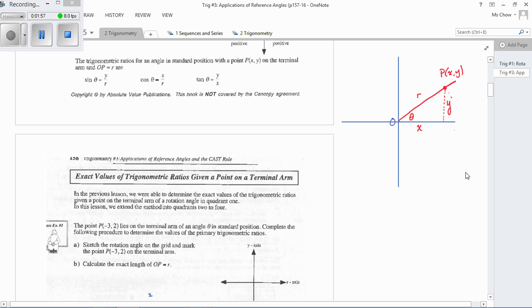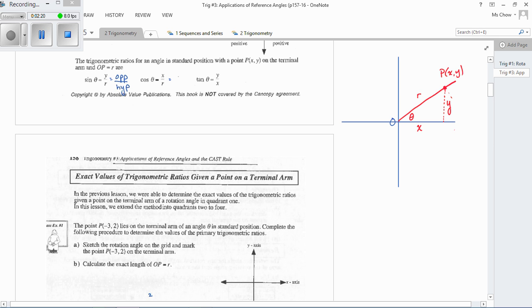So sine of theta is equal to y over r. If we have point P given by x and y, remember that sine is opposite over hypotenuse, so the opposite of angle theta is y, over the hypotenuse r.